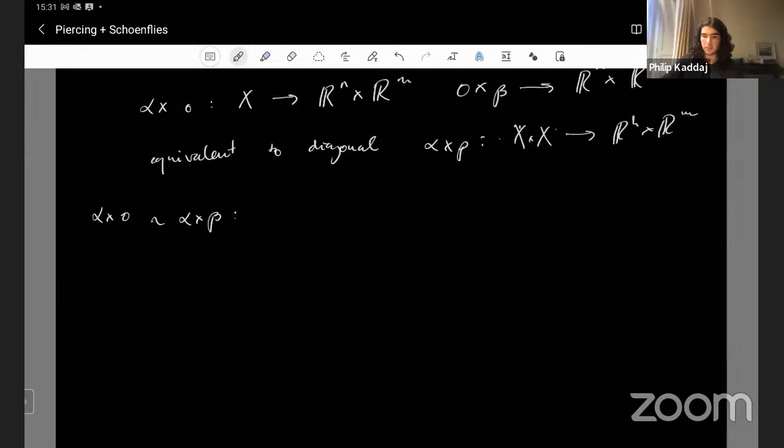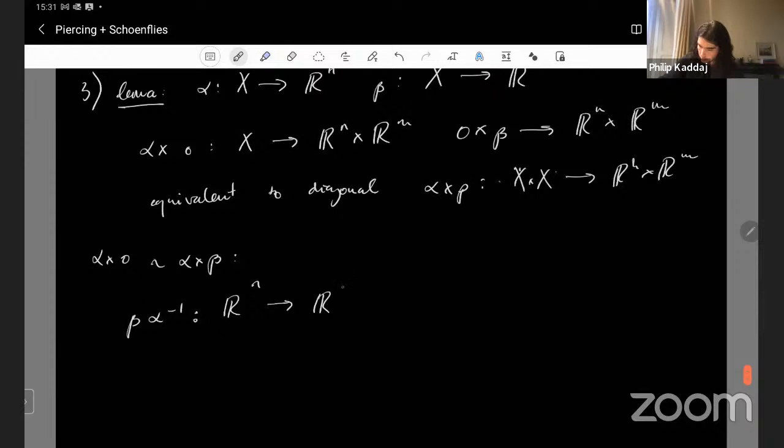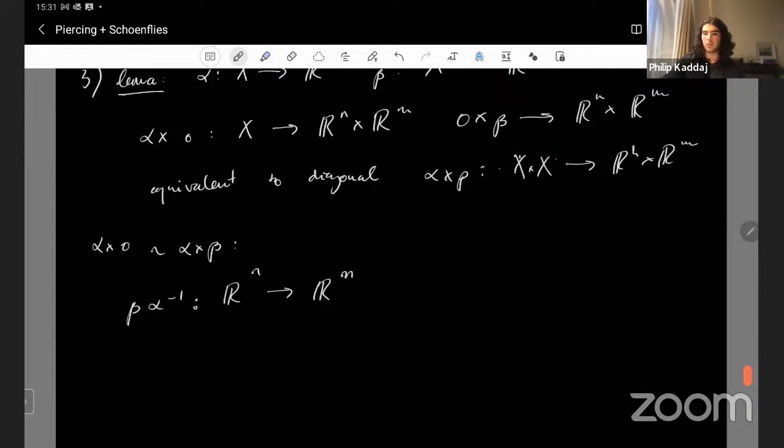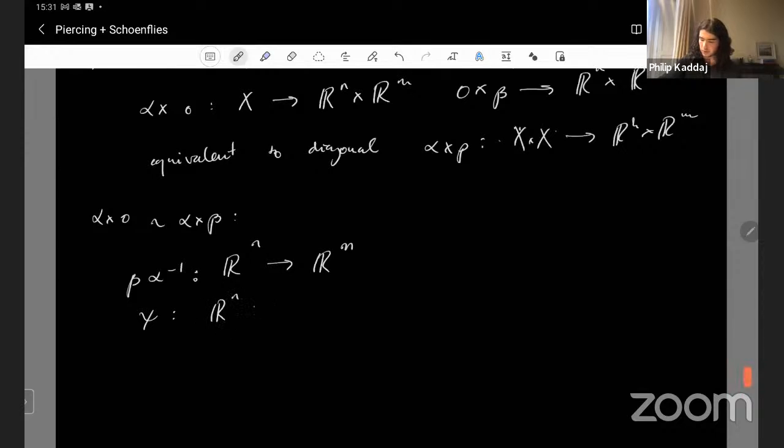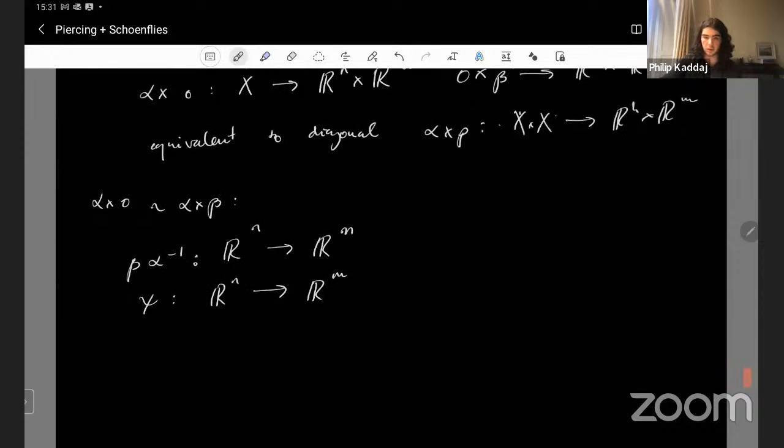So let us consider the map beta alpha inverse. This is a map from Rm to Rn, or maybe I got the indices wrong. And we can extend it by the universal extension property to a complete map between these.